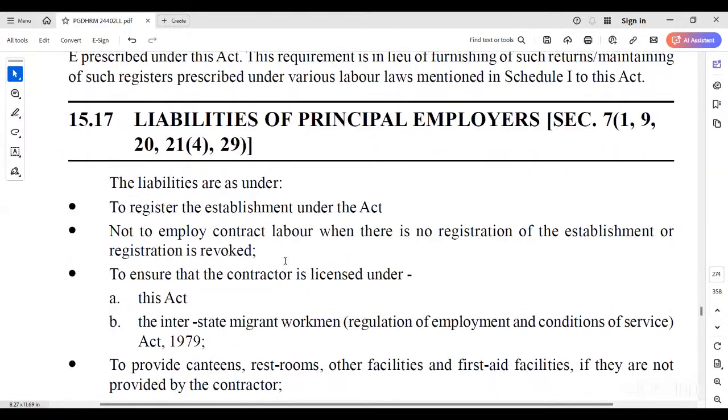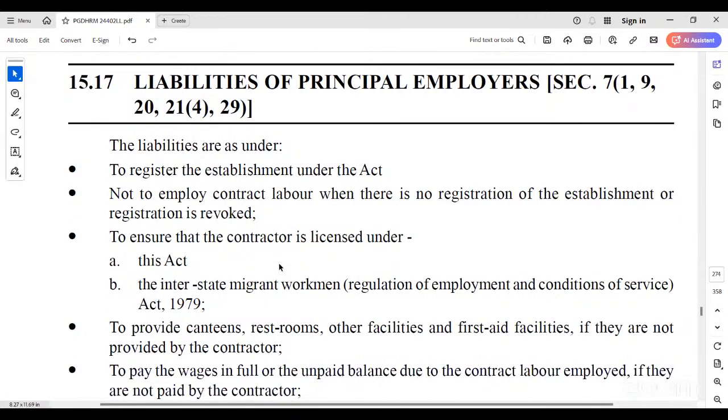So here are the liabilities of a principal employer as per Section 2, subsection 1, 9, 20, 21, subsection 4 and 29. As per this Act, the principal employer has some liabilities.